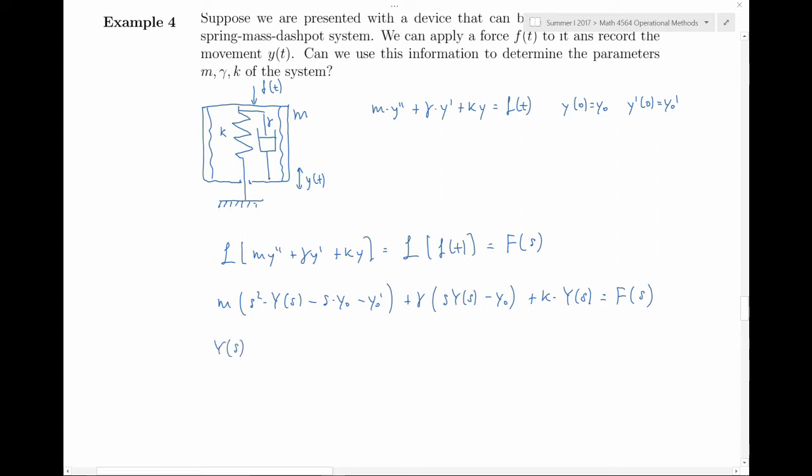Collecting the terms of Y of s, we get that Y of s times (ms squared plus gamma s plus k) should be equal to m s y naught minus m y naught prime plus m y naught prime plus gamma y naught plus F of s.